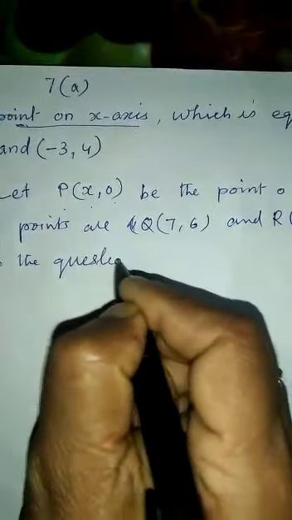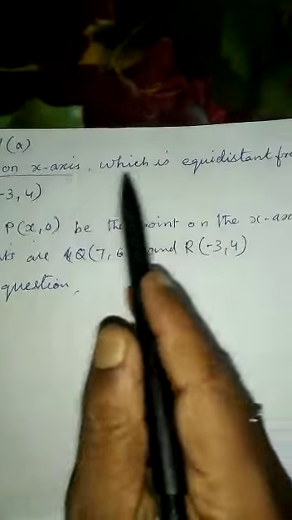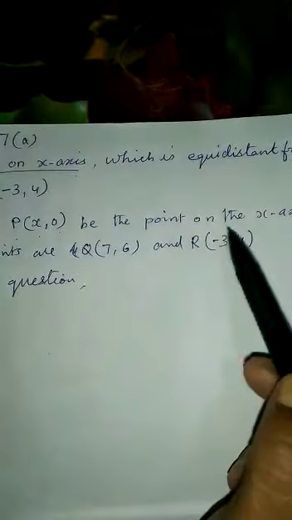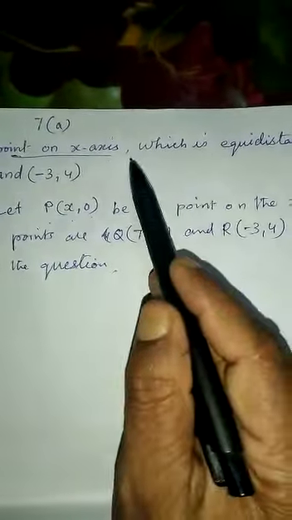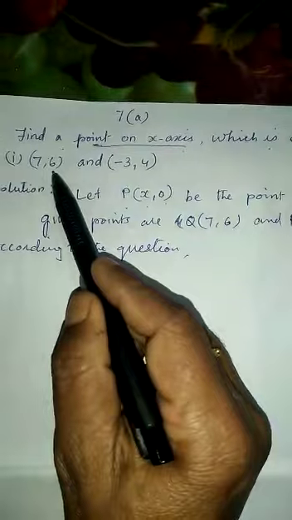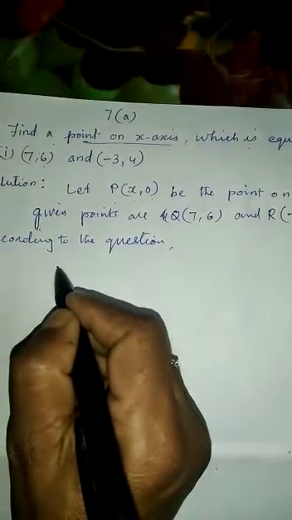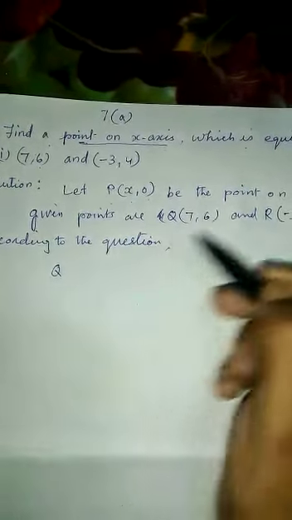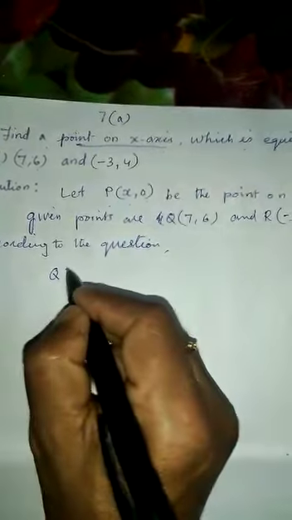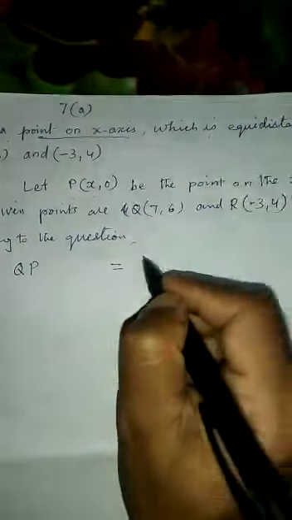According to the question, that point which we have taken, P (x, 0), is equidistant from (7, 6) and (-3, 4). Equidistant means equal distance. So according to the question, we can write QP equal to RP.